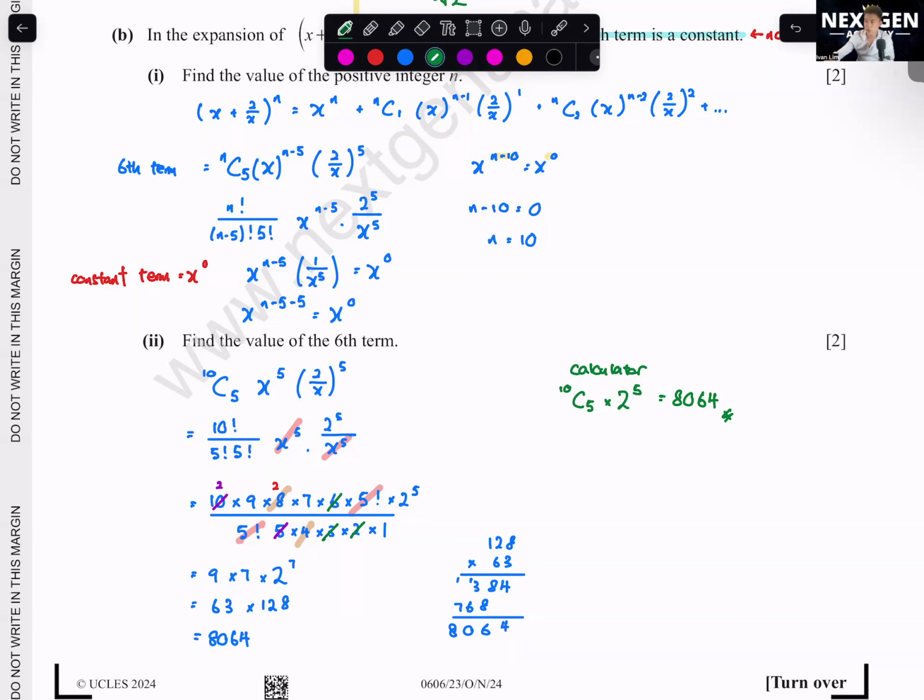If you are good, question 7, please type 7. Will this come out in paper 1 or paper 2? Both also can come out. You got 4032? Calculate again, 2 times 2, 8064.